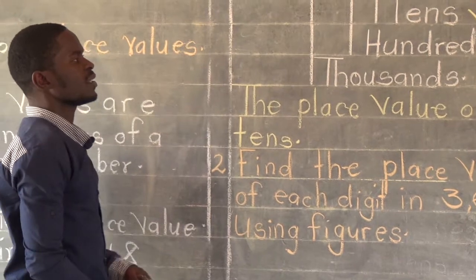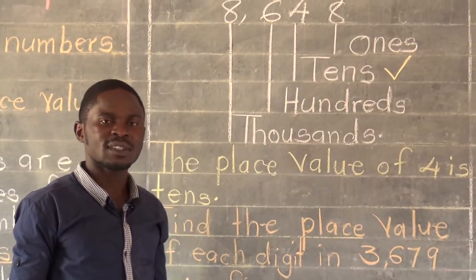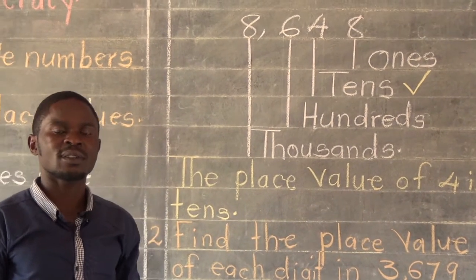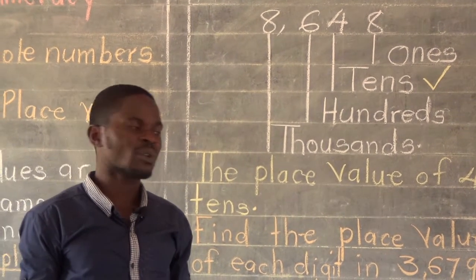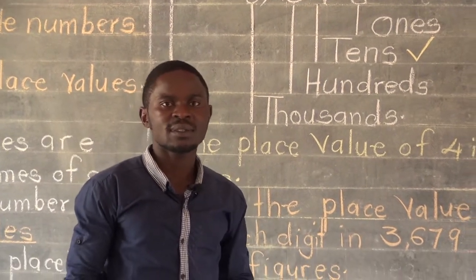So here we were finding these place values using the words, but for this example we want to use the figures. We want to see the place values of these digits, but this time using the figures.